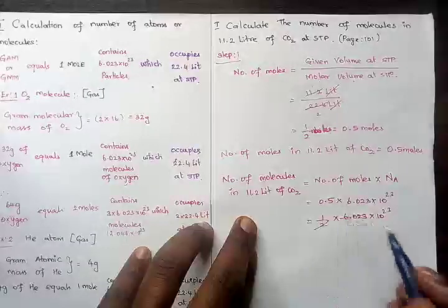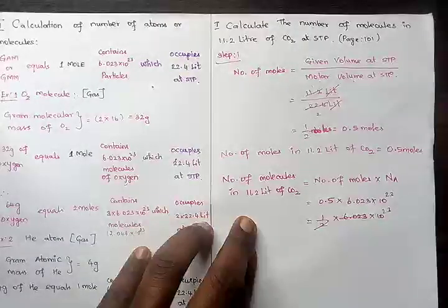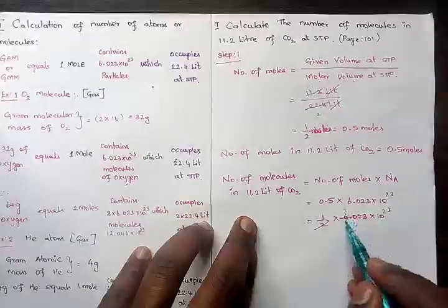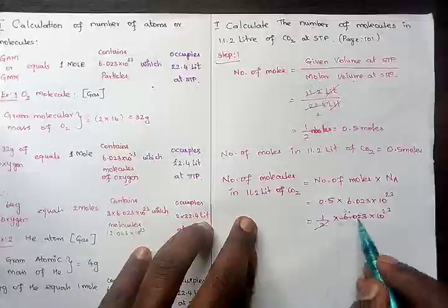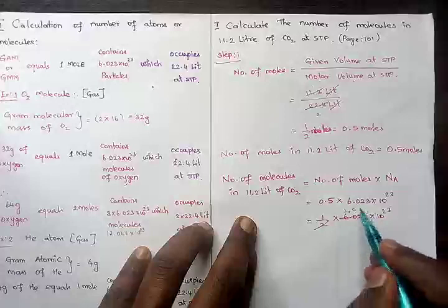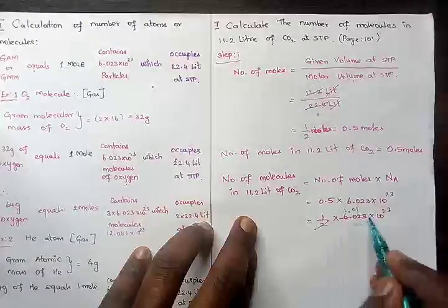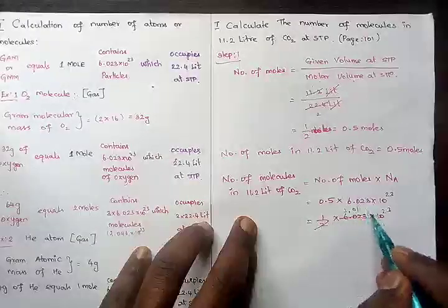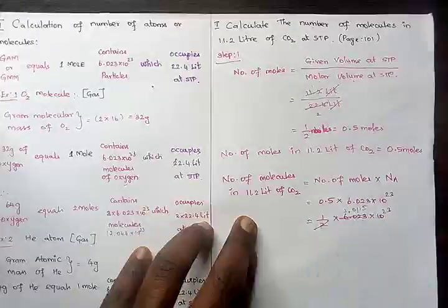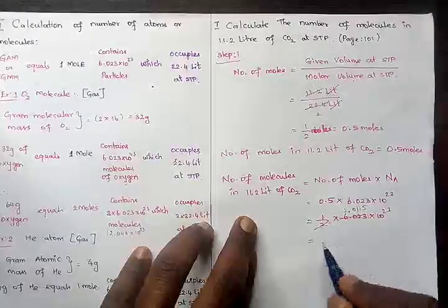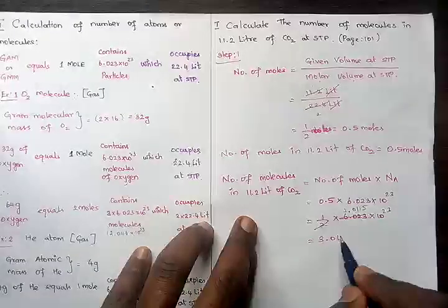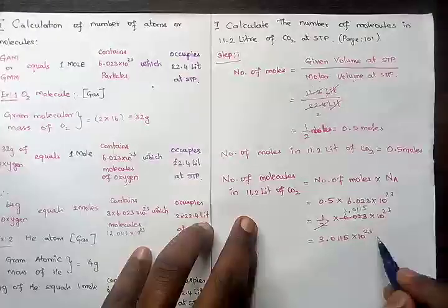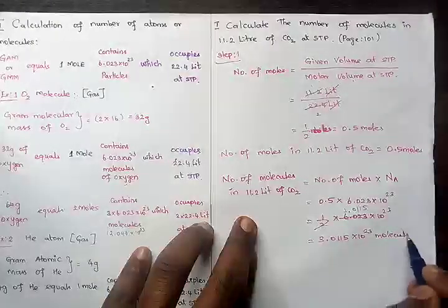If I cut this, 3 2s are 6, 0 again, 2 1s are 2, and in 3 1 I have the remaining 1. So if I add 0, it is okay. The value will be 3.0115 into 10 to the power of 23 molecules.